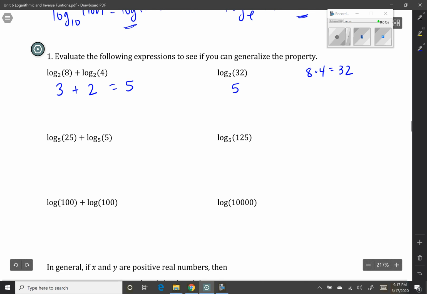Let's try another one. Log base 5 of 25 is 2. Log base 5 of 5 is 1. 2 plus 1 is 3. Log base 5 of 125 is 3. 25 times 5 is 125.